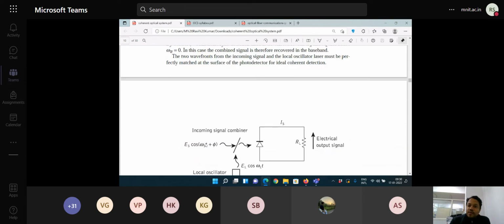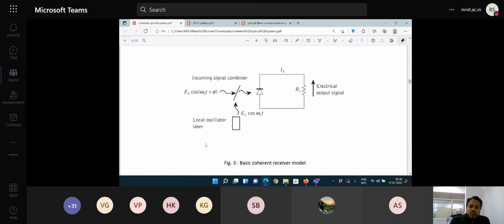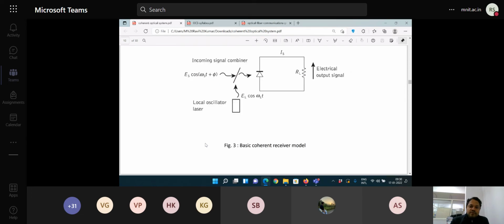Otherwise, there would always be some noise arising out of this. So this is a basic coherent receiver model wherein you have both the local oscillator and the transmitted signal coming in at the detector.